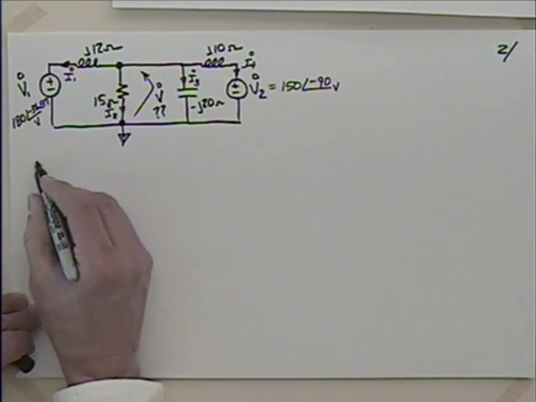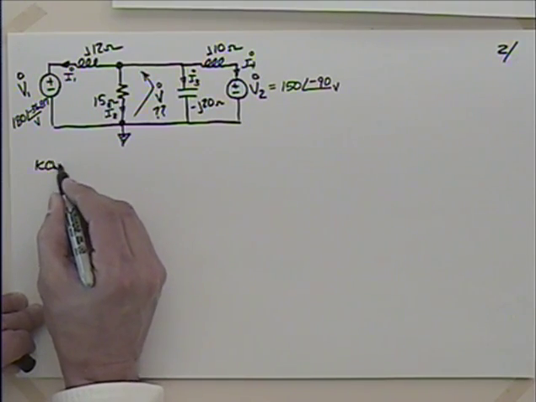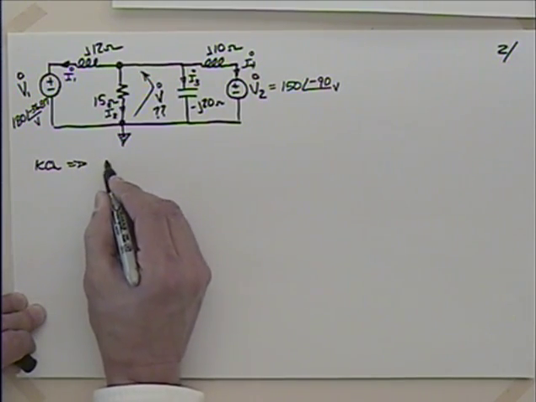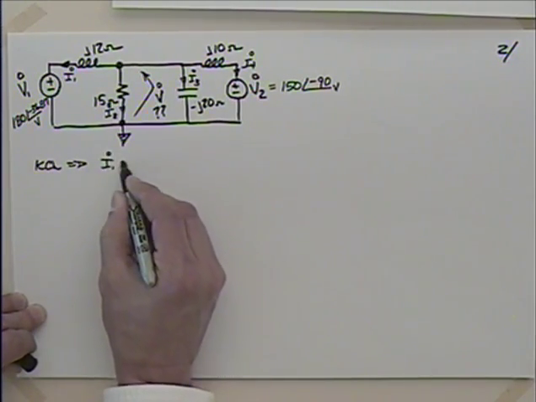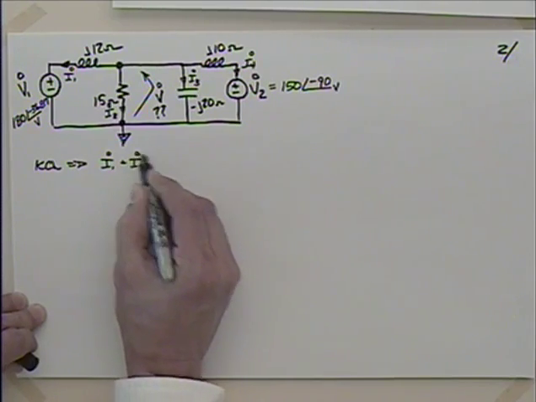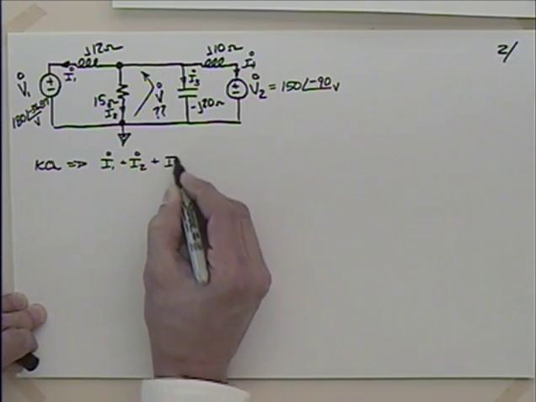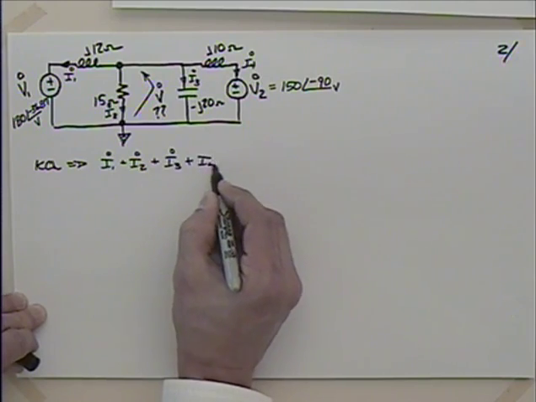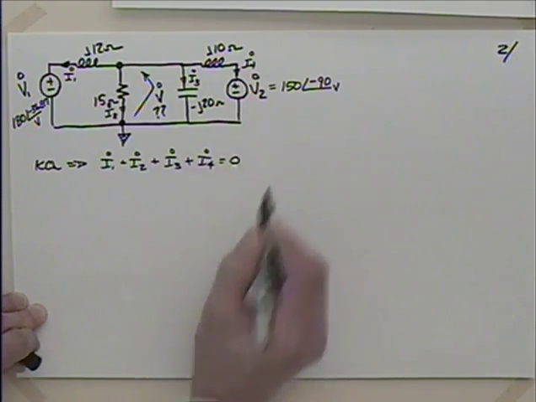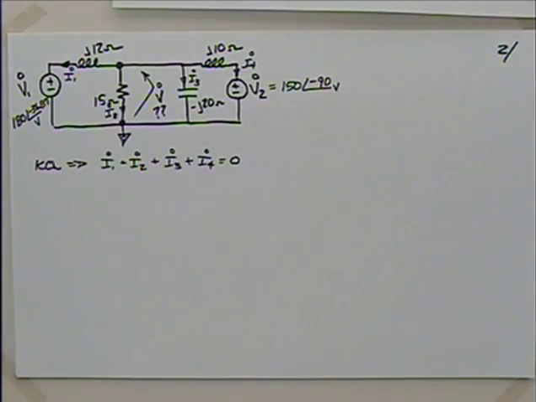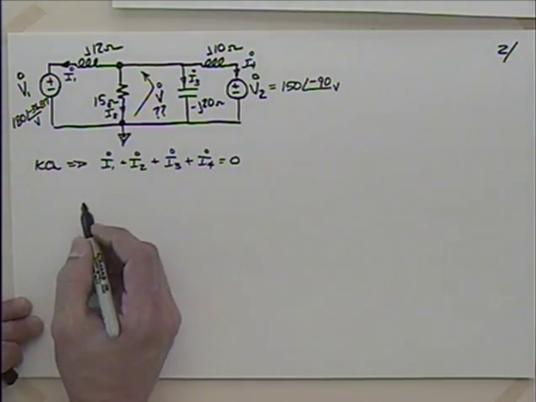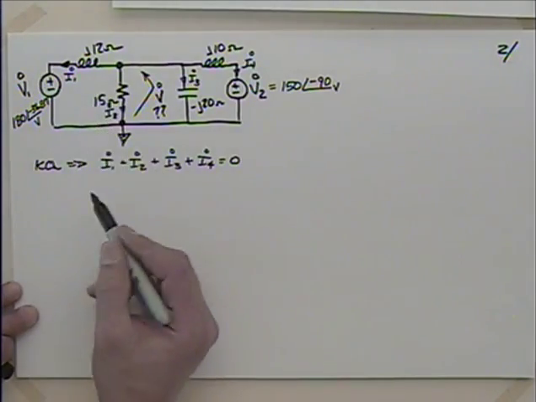So with Kirchhoff's current law, I1 plus I2 plus I3 plus I4 is equal to 0. Okay, presumably 1 or 2 or more of those are going to be negative. They couldn't all be positive.